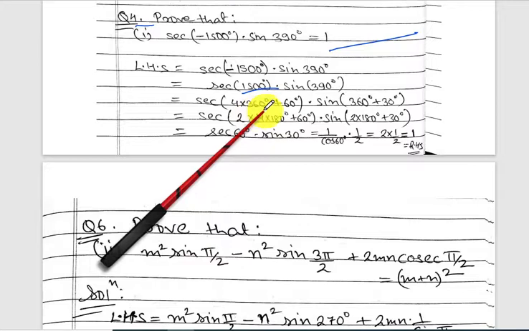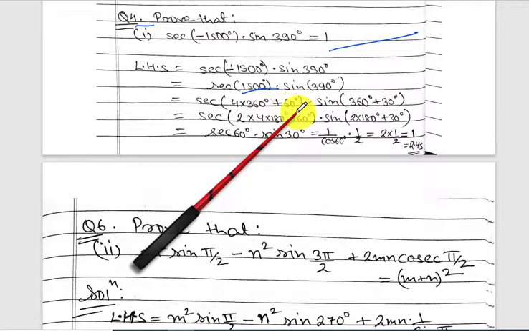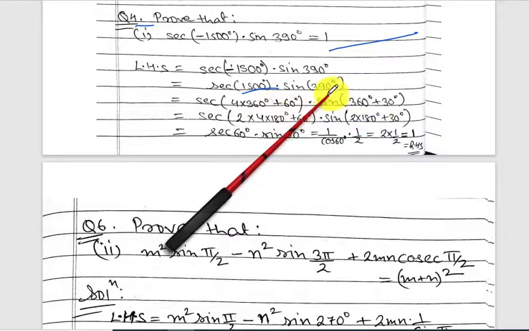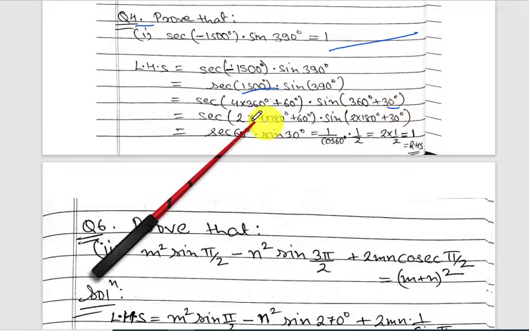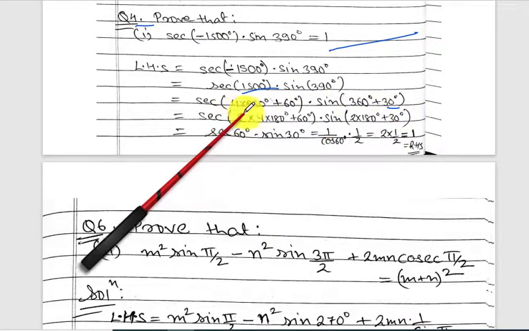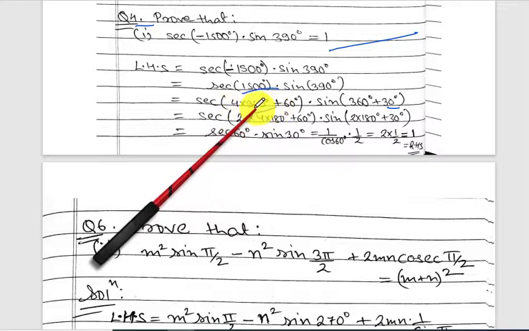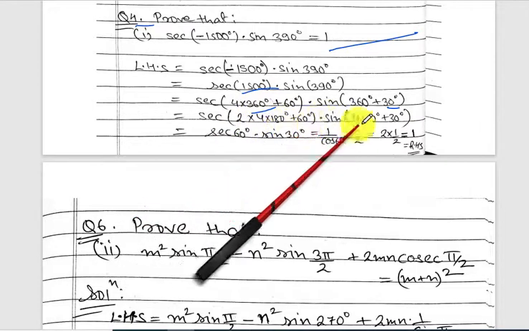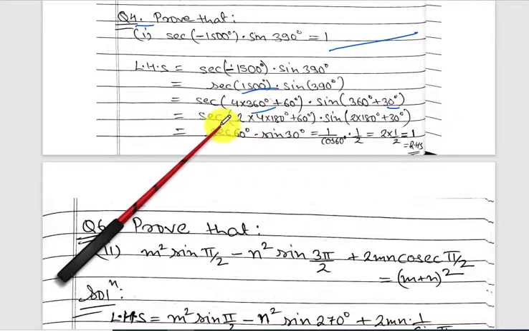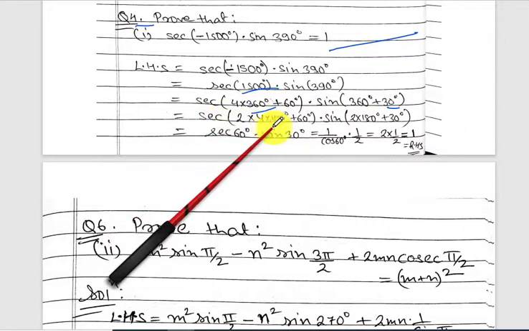And this 390 can be written as 360 plus 30. So here this 360 can be written as 2 into 180. So this will become 2 into 4 into 180 plus 60. And this sec 2 into 4 into 180 plus 60 will be nothing but sec 60 degree.